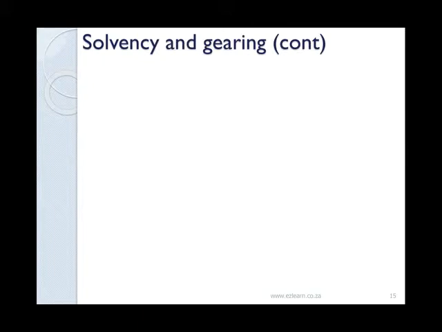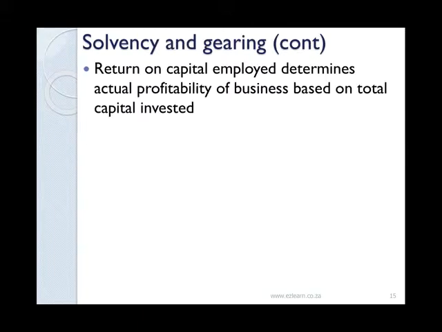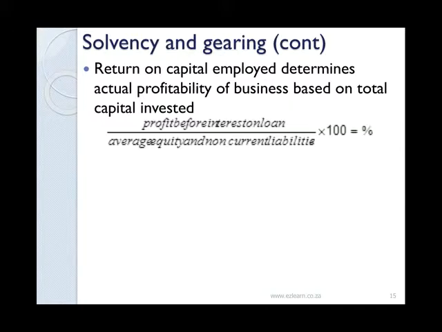When looking at solvency and gearing, we also need to consider the return on capital employed, as this determines the actual profitability of a business based on the total capital invested, rather than simply what the owners are earning. This calculation needs to be done by taking the profit before tax and interest on loan.